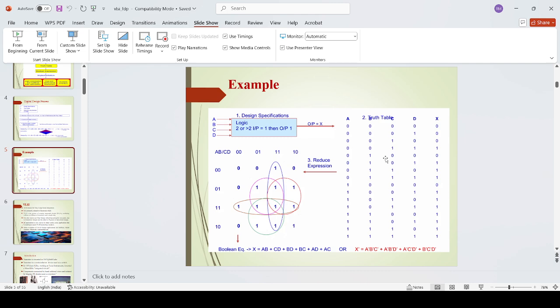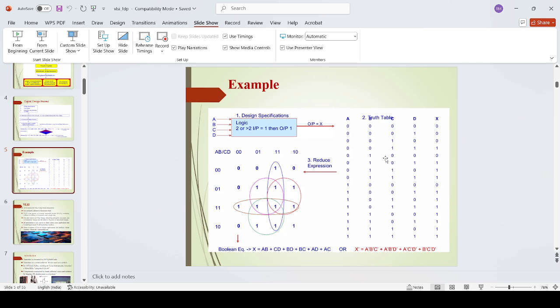The specification of the design here is: if two inputs or more than two inputs are 1, then only the output will be 1. So consider this logic: if two or more of the inputs are 1, then only the output will be 1. And for the remaining conditions, the output will be 0. So take that logic and draw a truth table.